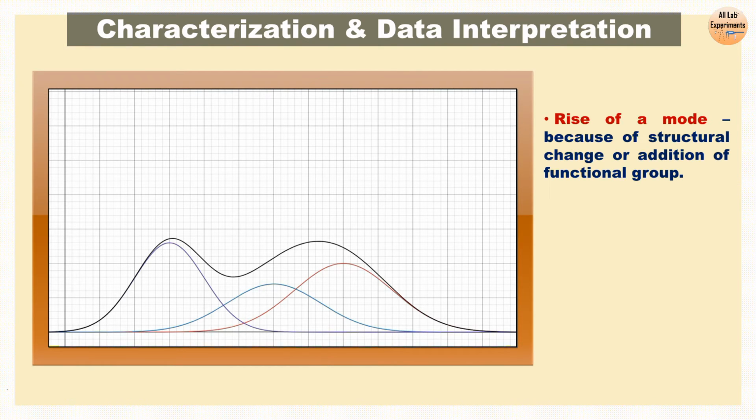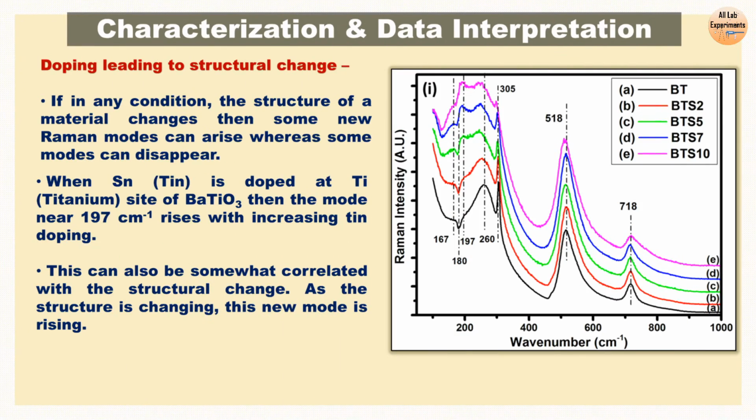As we can see in this data from my original paper, the black line is representing barium titanate, and as we are moving towards red and green, in barium titanate I have added tin. A new mode is rising near 197 centimeter inverse. We can also see that the mode near 260 seems like it has red shifted towards lower wave number, but this is not.